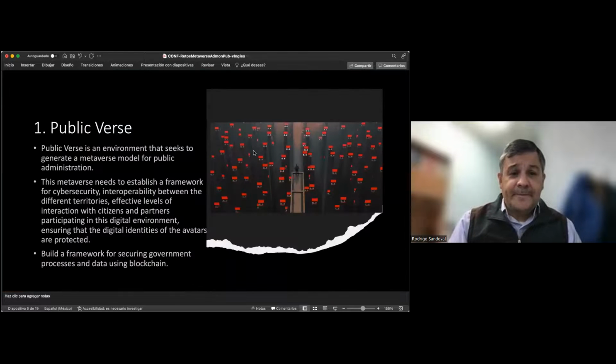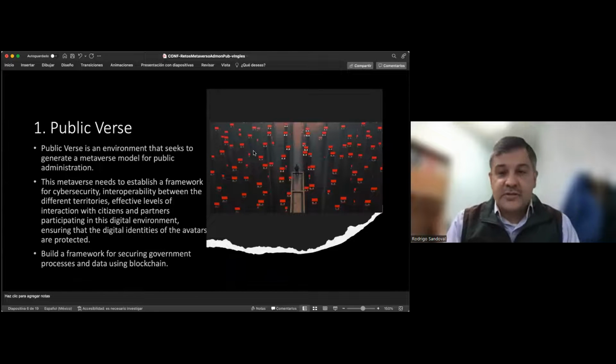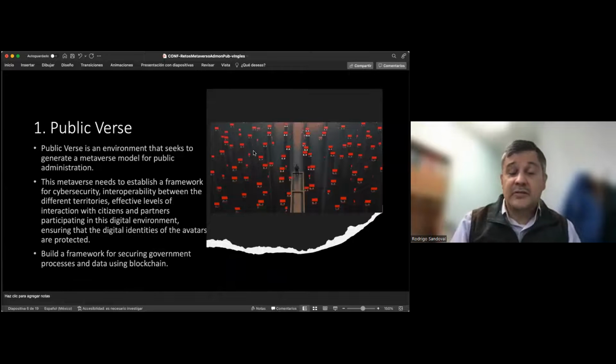So the first thing that I can see is something that is called right now the public verse. The public verse is just an environment, of course in the metaverse, but for the public administration.